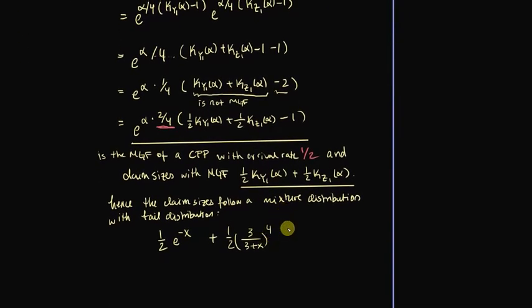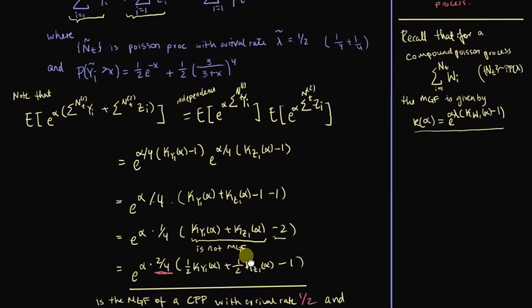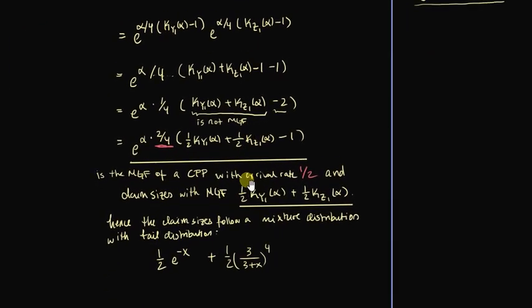So by using the moment generating functions, we have now concluded that our total claim size, let's just write that up.